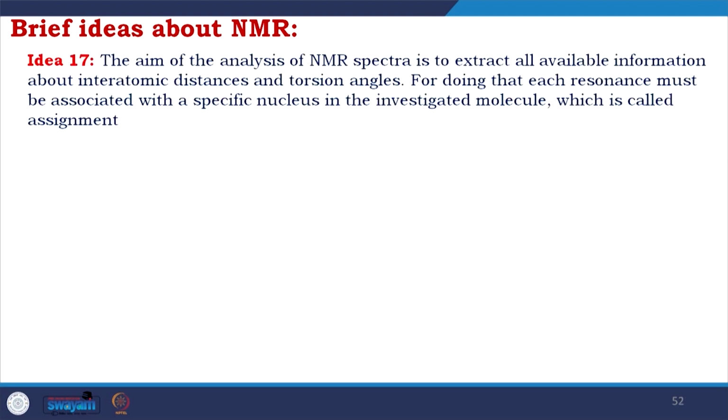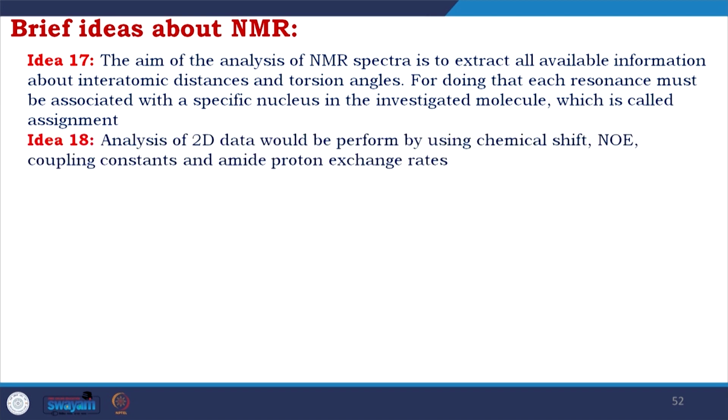Idea 17: the aim of the analysis of NMR spectra is to extract all available information about interatomic distances and torsion angles. For doing that, each resonance must be associated with a specific nucleus in the investigated molecule, which is called assignment.